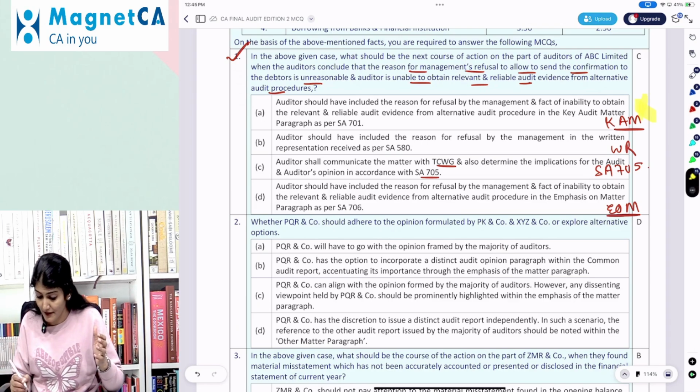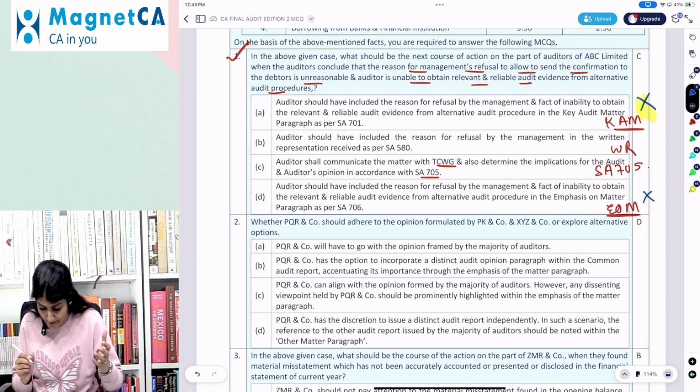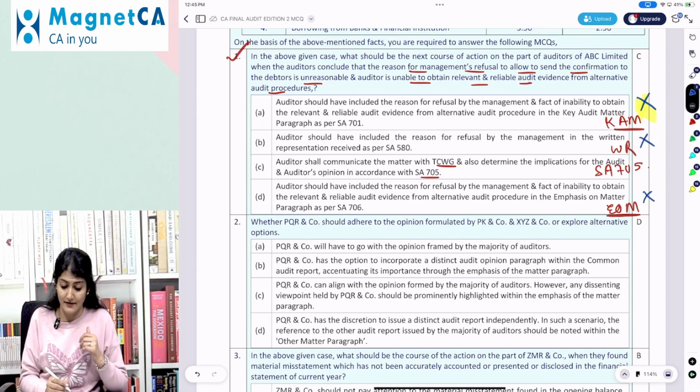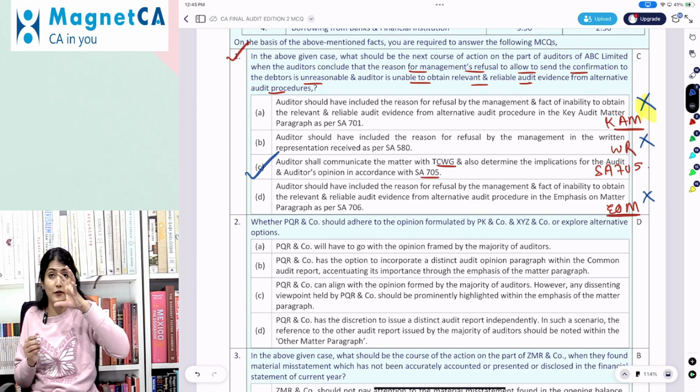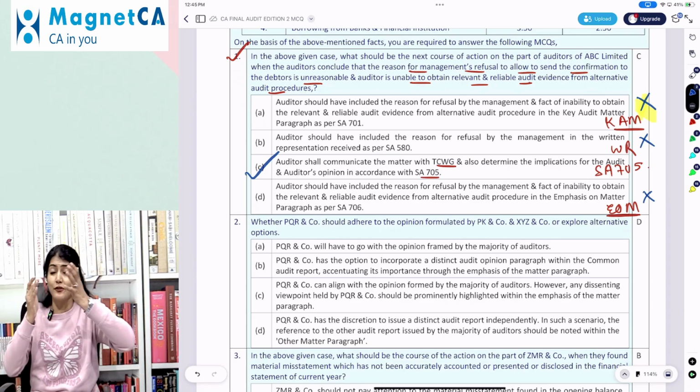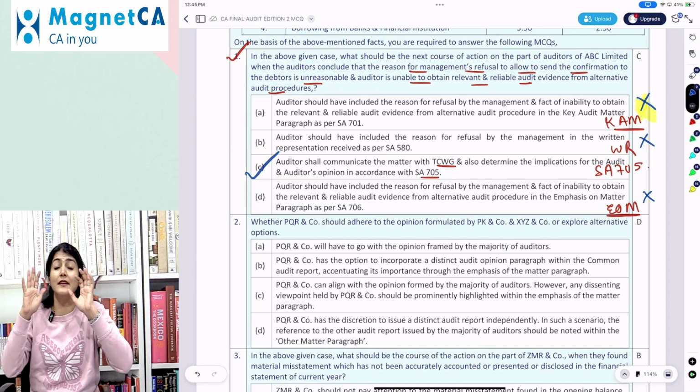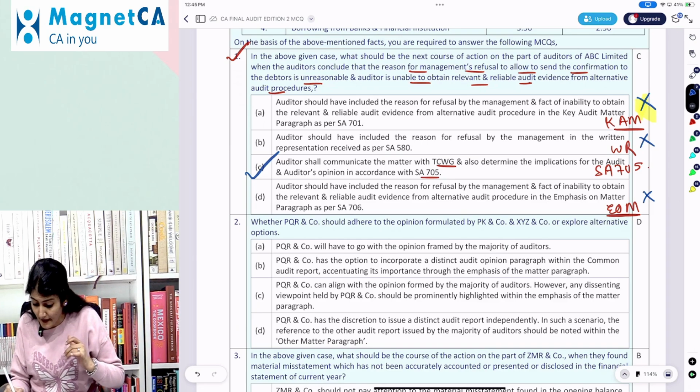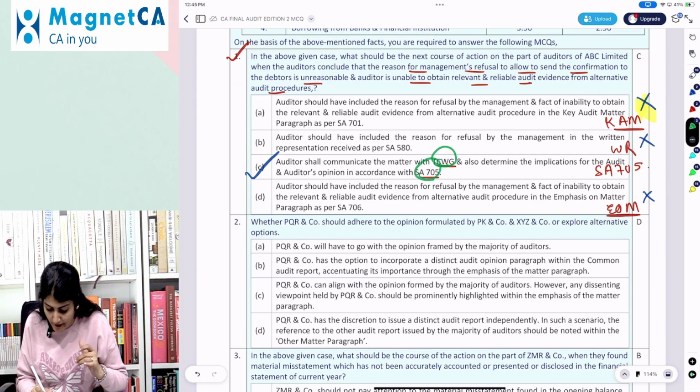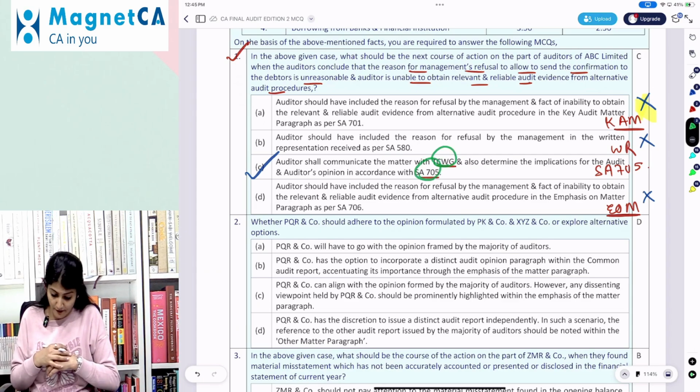Right, so no key audit matter, no emphasis of matter, no mentioning it in the representation, but simple. It's in the case study of SA 580. The alternative procedures also or the reasons are unreasonable. You communicate to TCWG and you modify your opinion as per SA 705.